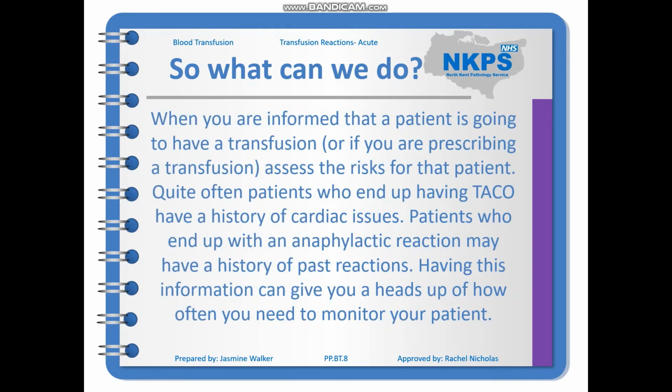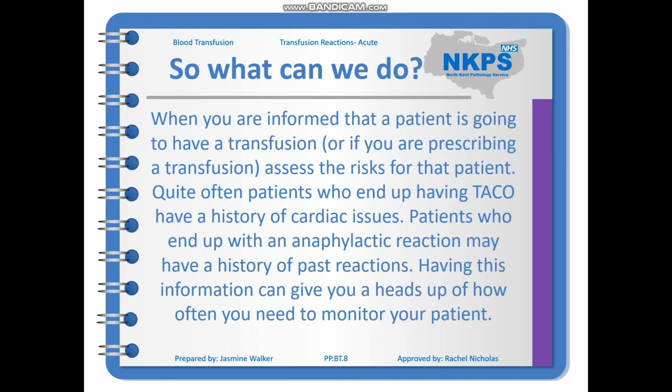Next thing, which sort of comes in between all of those, is when you are informed that a patient is going to have a transfusion, or if you're the person prescribing, when you're looking at the notes, assess the risks for that particular patient.